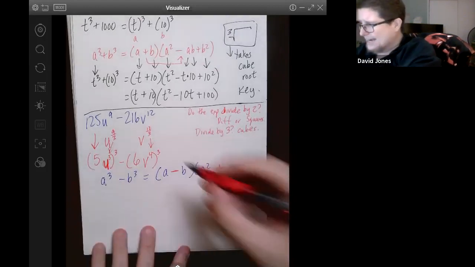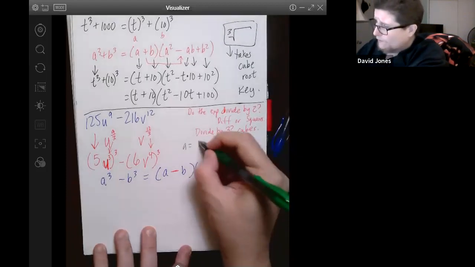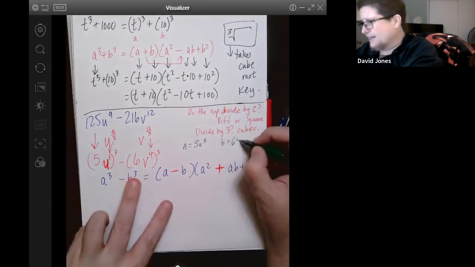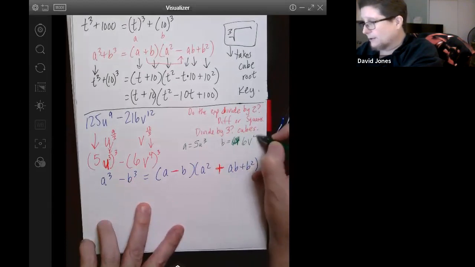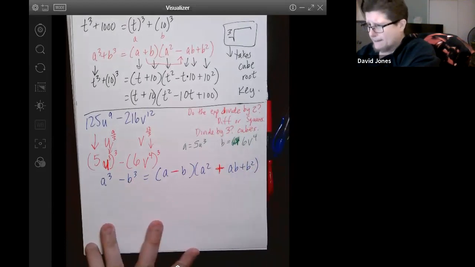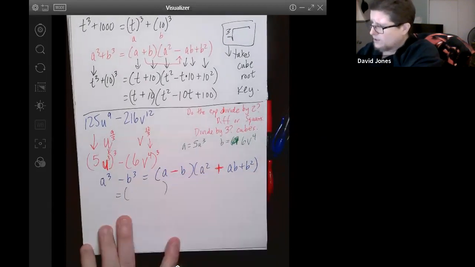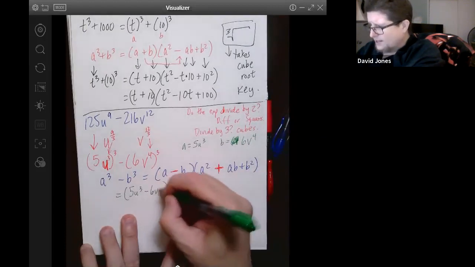So what is a here? A equals 5u cubed, and b is 6v to the 4th power. So 5u cubed minus 6v to the 4th power.